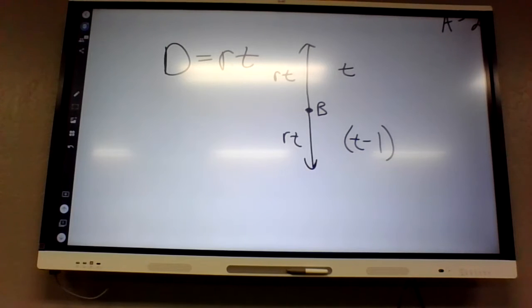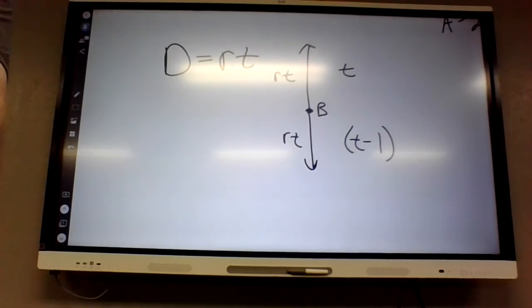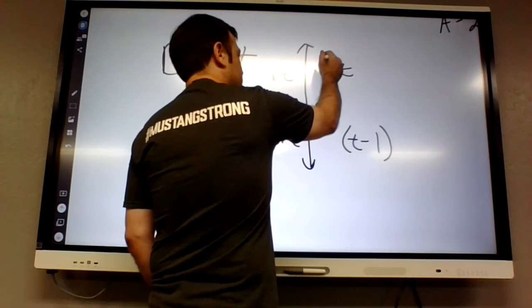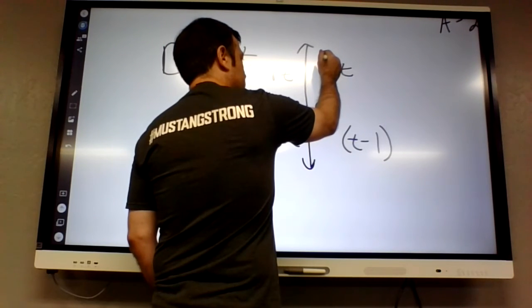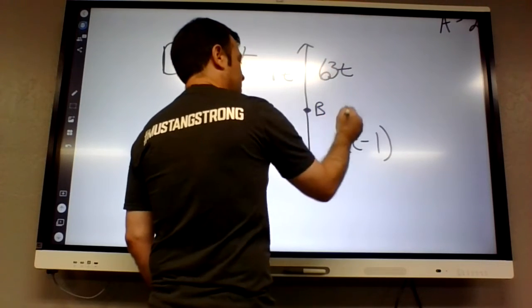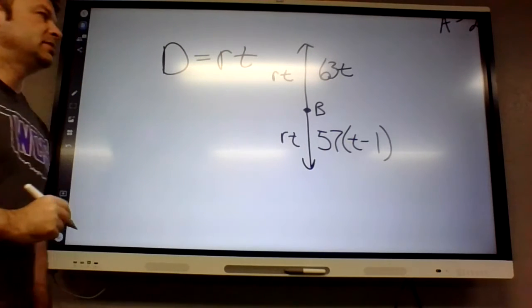What else does it say? The northbound train's going 63 miles an hour, southbound train's going 57 miles an hour. Where do I put 63 and 57? That's the rate. Was northbound 63? Okay, so that one gets a 63, and the southbound train gets 57. You guys see what I'm doing?